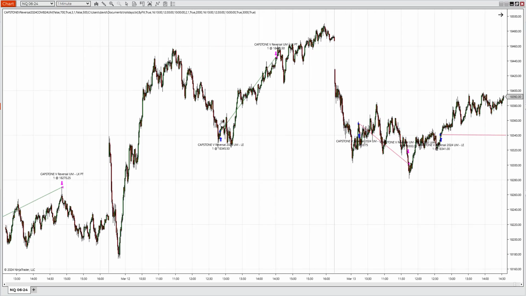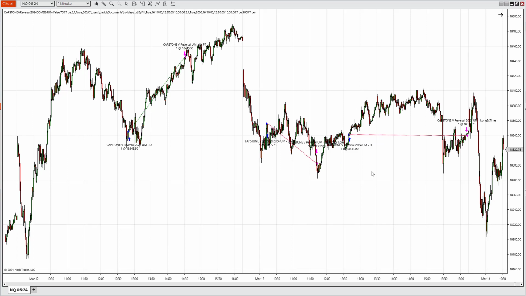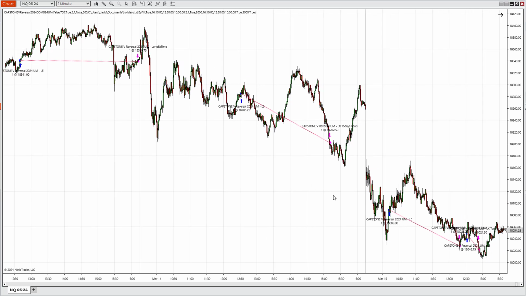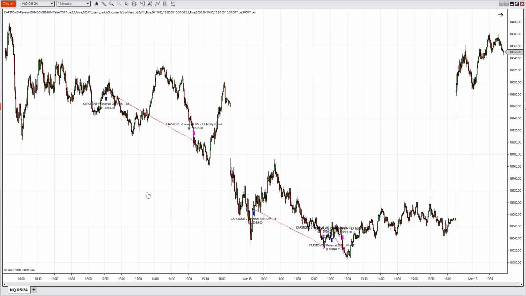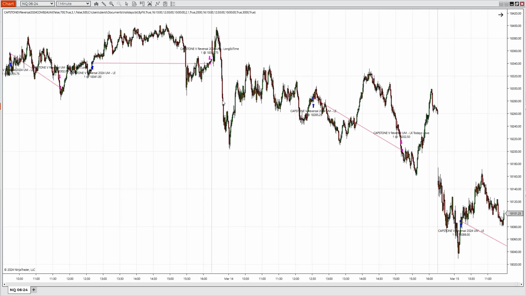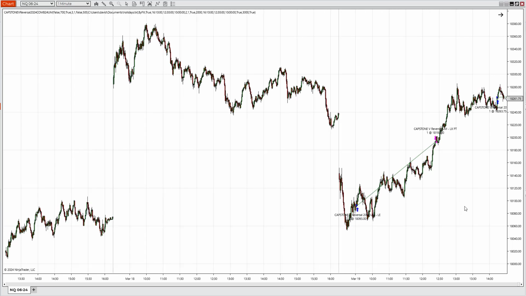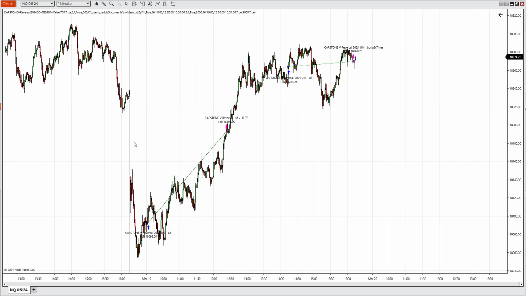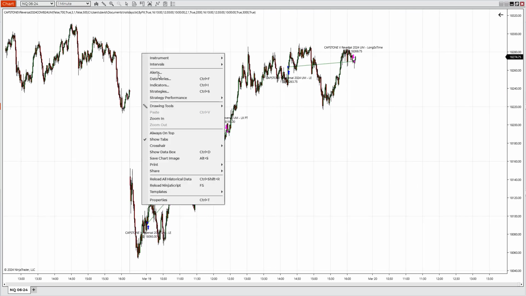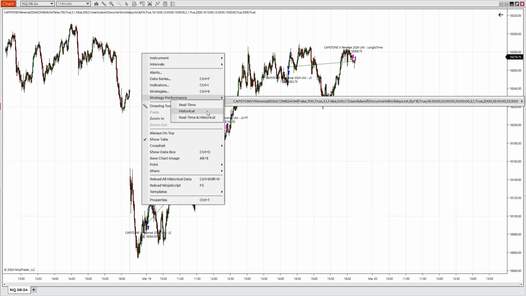It had this winner on March the 12th, and then 5 losing trades in a row, and then a bounce back today with 2 winners, and you can see that in the performance summary.